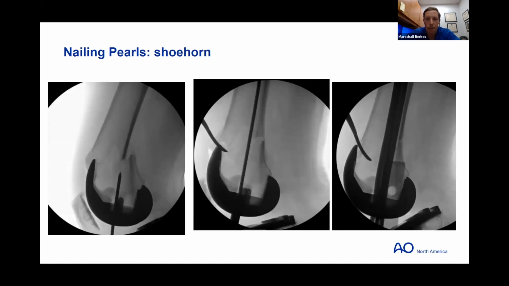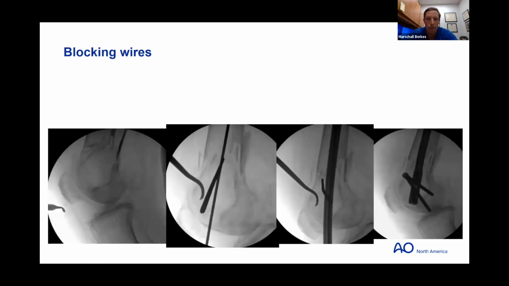Here are some things I've found that can be helpful in a less invasive fashion with the nail-first approach. You may see this where the shaft is translated anteriorly and you're struggling to get that. You can just slip an elevator in, crank on the flange, bring it into better alignment, and then off you go and you nail it.